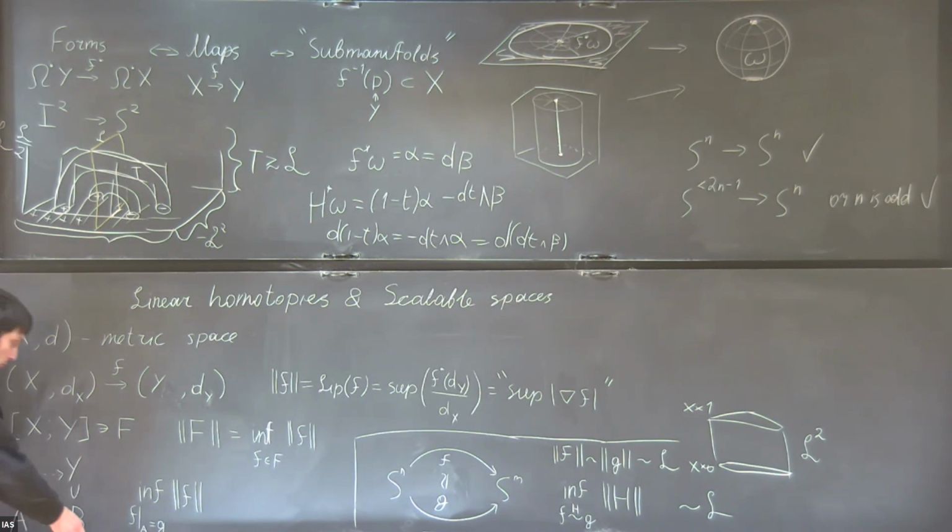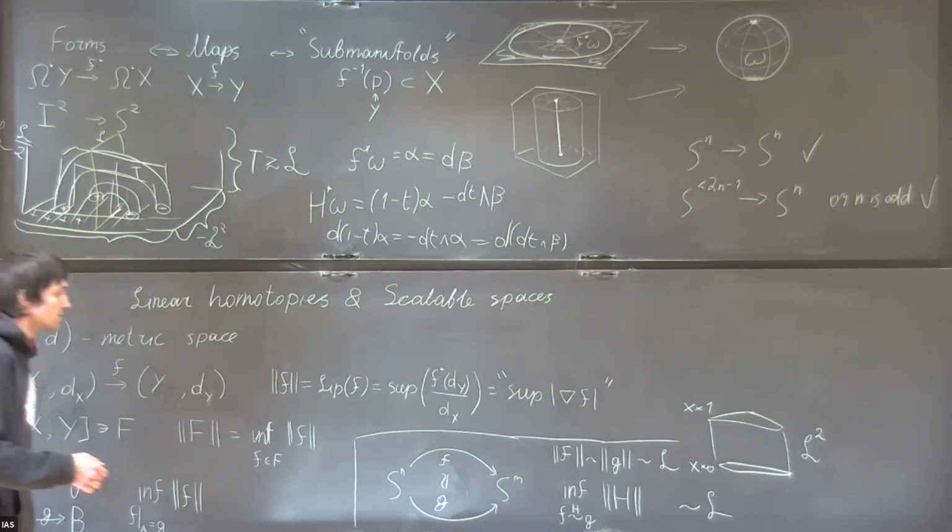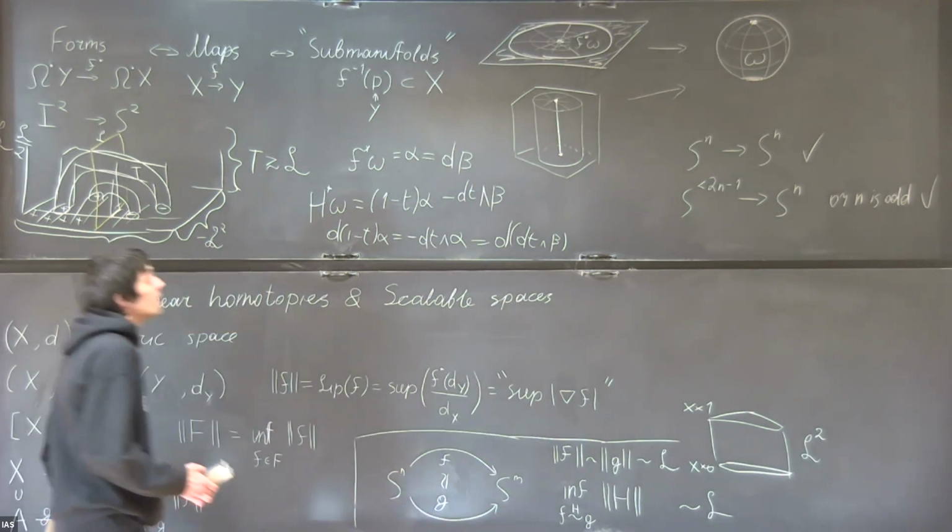Okay, and so you might ask, why does not this same argument go for Hopf invariant as well? What is different in that regard?